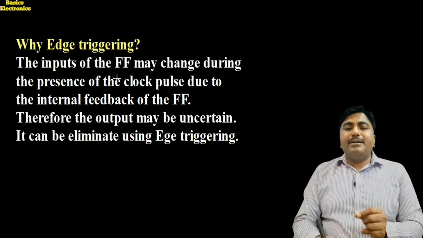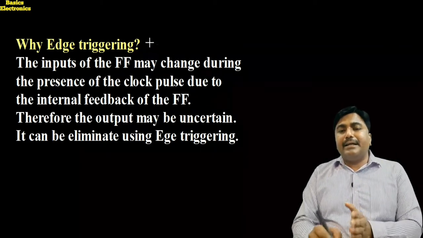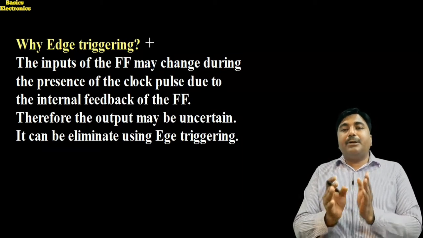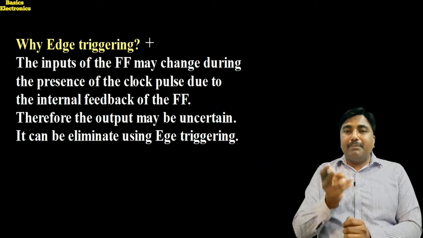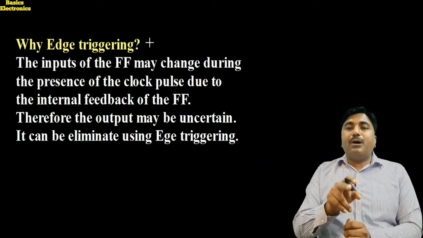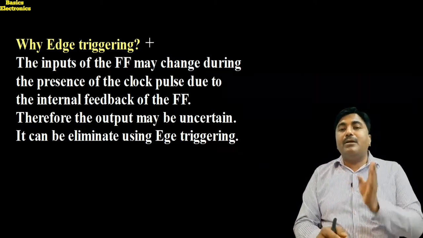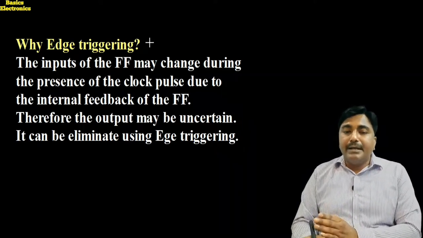The reason for using the edge triggering is to trigger the clock at a particular instant, and that instant may be a change in the clock from 0 to 1, which we call a positive edge, or the negative edge.